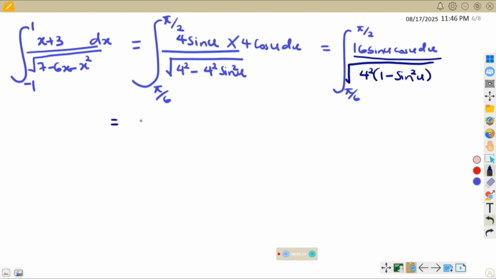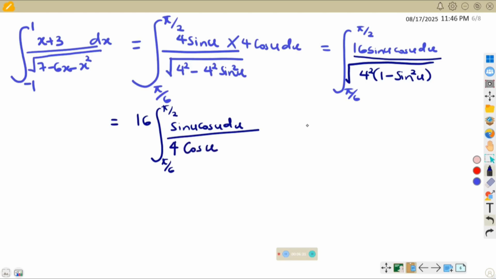So I will end up with, I pull out the 16 because it is a constant, integral from pi over 6 to pi over 2 sine u cos u du divided by, I'm having 4 squared but under square root. 4 squared under square root, I will remain with 4. I'm having 1 minus sine squared u, which will give me cos squared u, but under a square root, I will remain with the cos u.